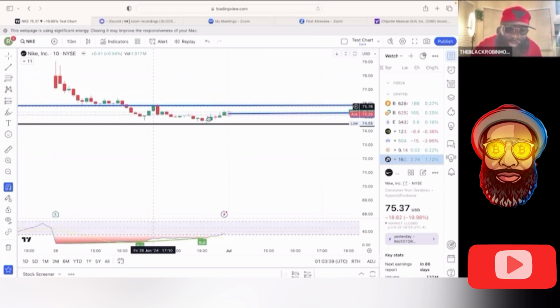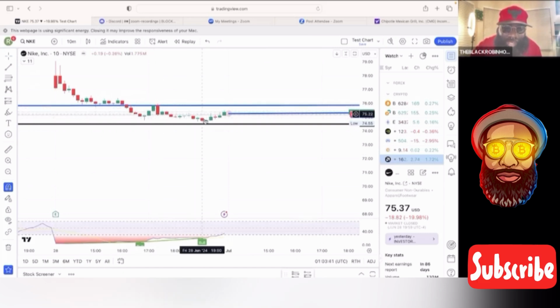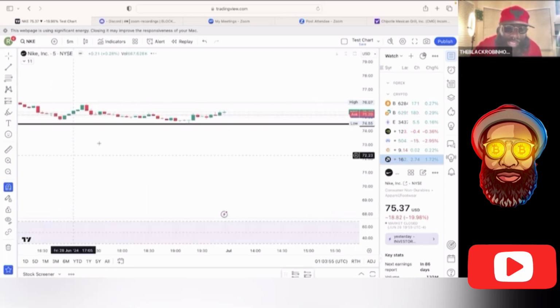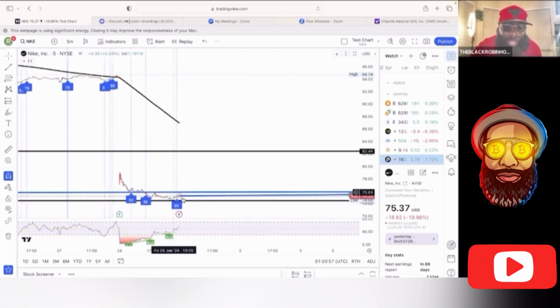That's money, depending on what contracts you buy. Wait for it to come back down here, came to 74 something, jumped to 75.45, right? If you are day trading. But I'm not a day trader, so I'm not interested in those little fluctuations.